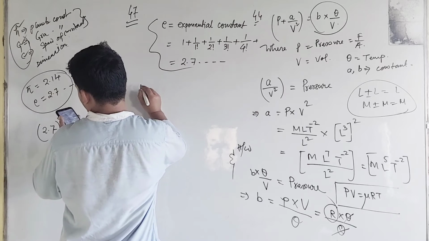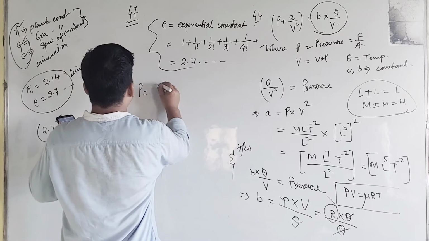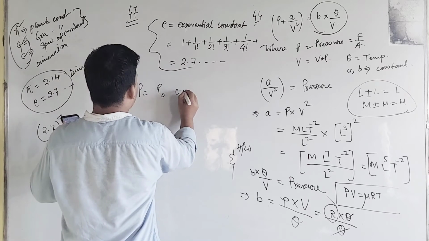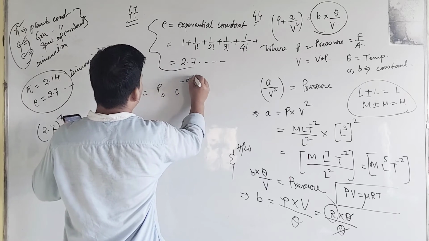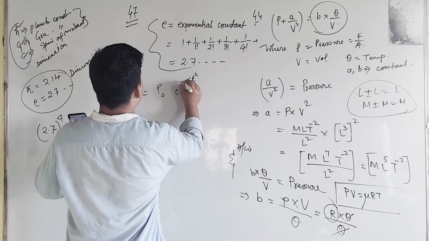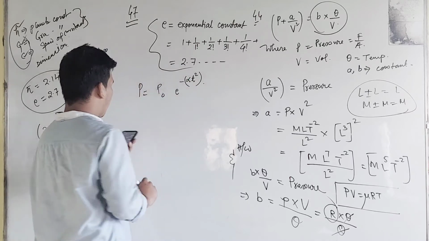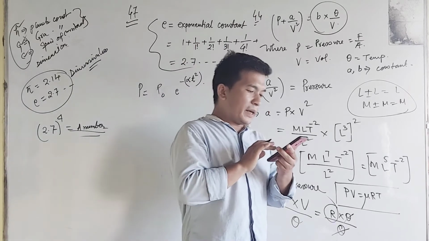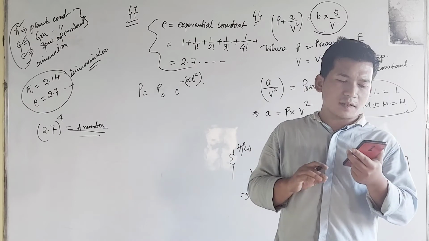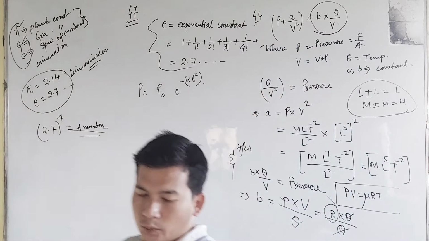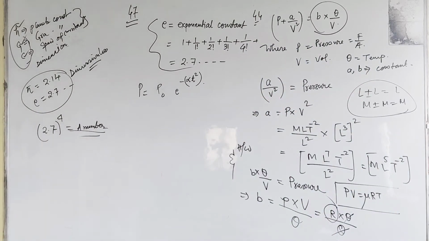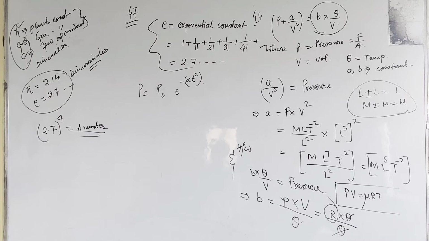Question number 47. We have p equal to p naught, exponential constant e raised to power minus alpha t square. Let us read the question. The dependence of a physical quantity p is given by p equal to p naught e raised to power minus alpha t square, where alpha is a constant and t is the time.